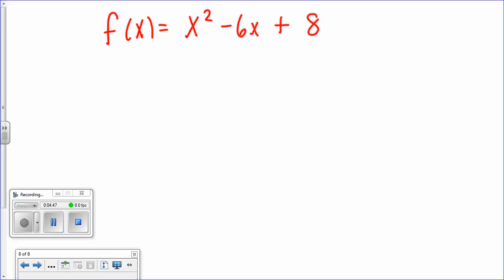Step 1 is to divide everything by A. We don't have to do that here because A is 1.